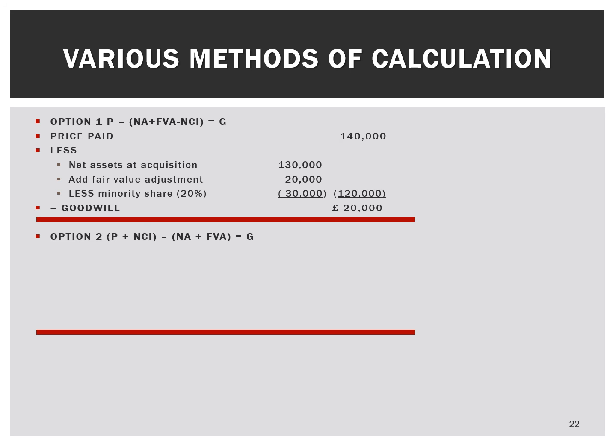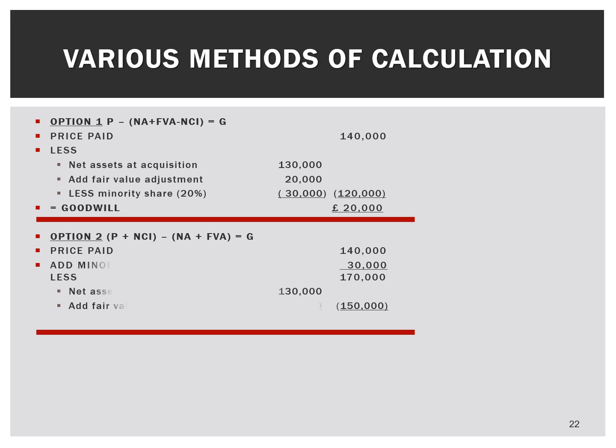The second way of doing the calculation would be to take the price paid and add on to that figure the value of the non-controlling interest, and then deduct from that total, which represents the total value of the subsidiary, the net assets plus the fair value adjustment of the company. That will give us the goodwill.